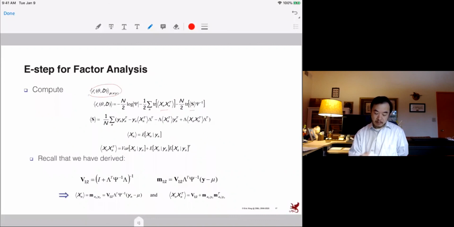That's why our earlier calculation of the conditional mean of x given y, and the variance of x given y, become very useful, because x and y are Gaussian. Therefore, you can use the mean and covariance to express the expectation of their first moment and second moment.